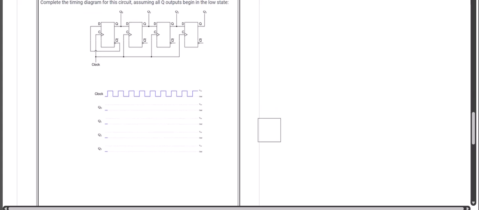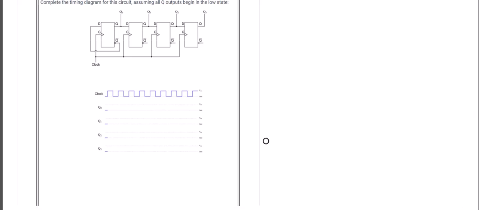And that's exactly what this number 5 is going to show us. So Q0 has as its input the not of what it was before.